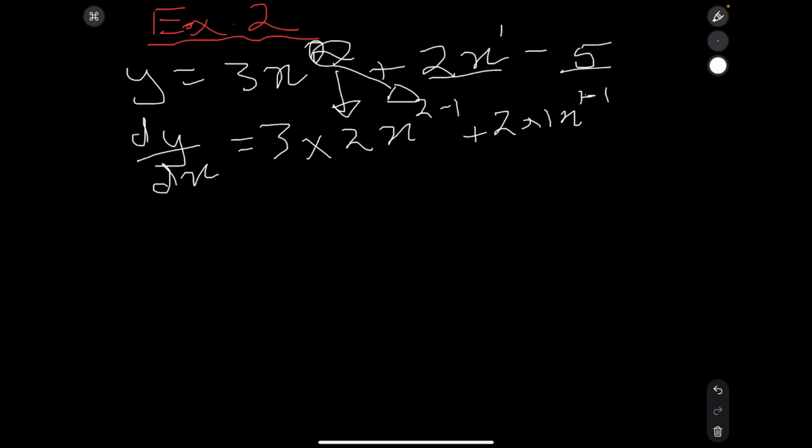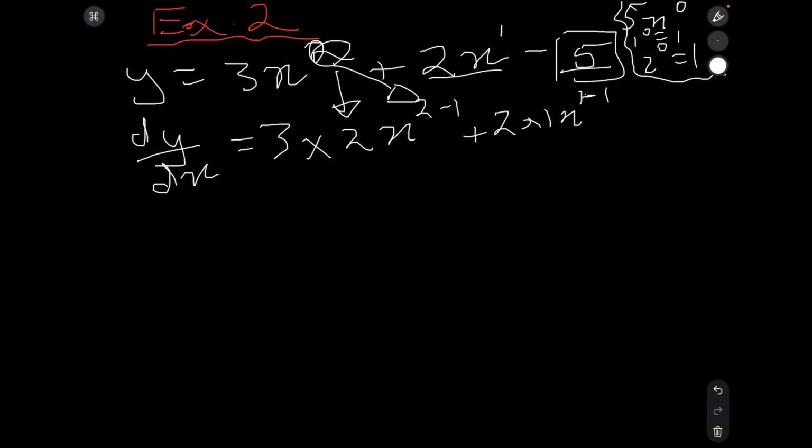And now for the 5 term, this is the same as 5x to the 0, because as we know, anything to the 0th power just equals 1, if you didn't already know. So that is written as 5 times 0, taking the 0 down from the exponent, times x to the 0 take 1, but anything times 0 is just 0.